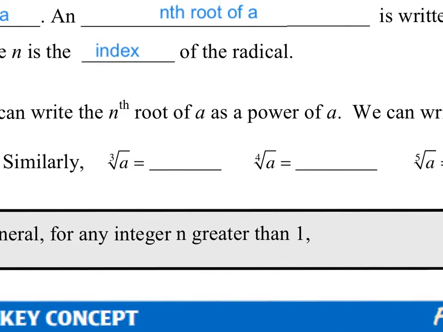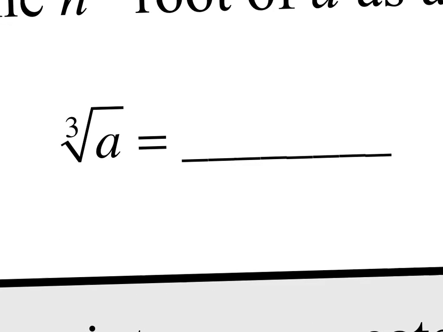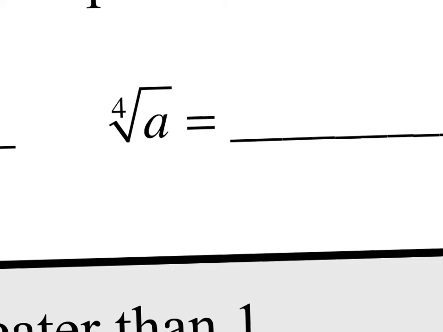So if you have the cube root, or the third root of a, you still have 1a underneath here, but it's now an index of 3. Same thing with the fourth root of a single a, index of 4.